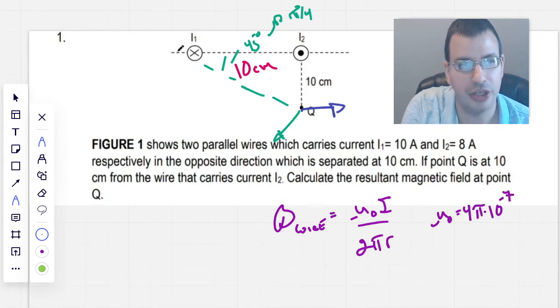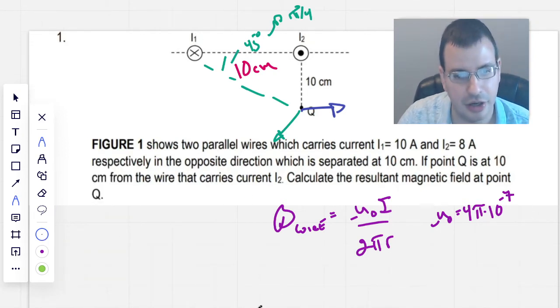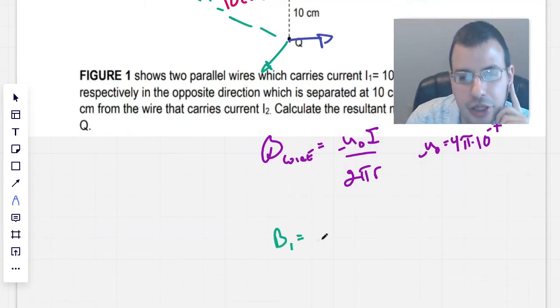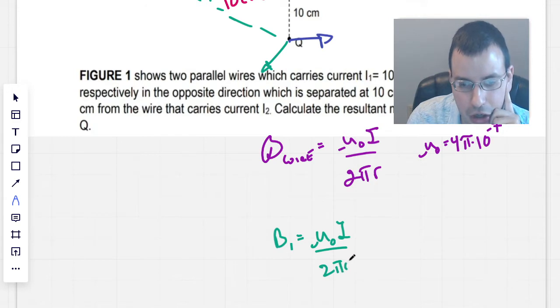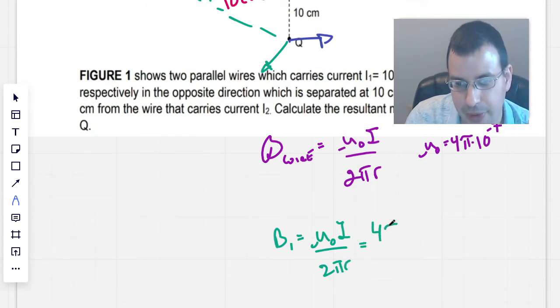I'm going to call this wire 1, and this will be the hard one. The magnitude of the magnetic field is mu naught I over 2 pi r. Mu naught is 4 pi times 10 to the negative 7.